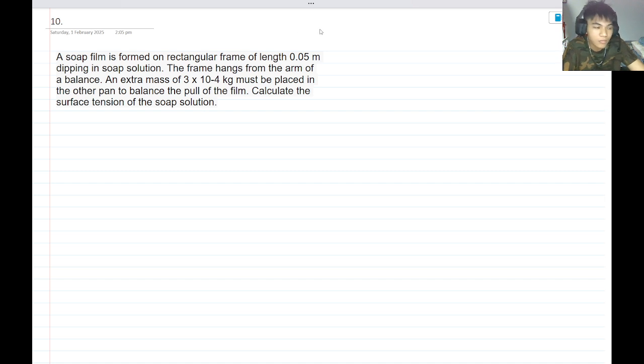And dito, we can try to illustrate, but medyo complex. Yeah. But we know that, ilagay mo natin yung given actually. So the length is 0.05 meters. And then meron tayong mass.